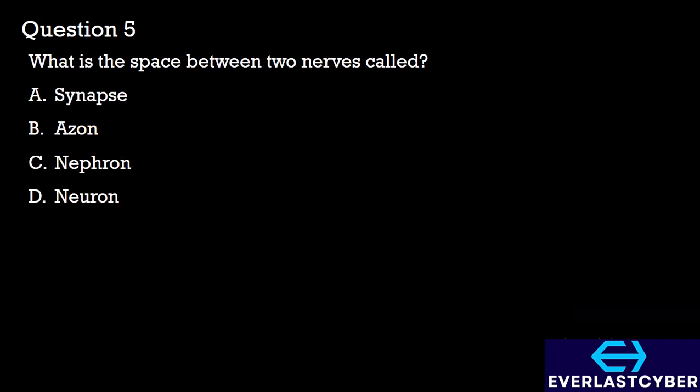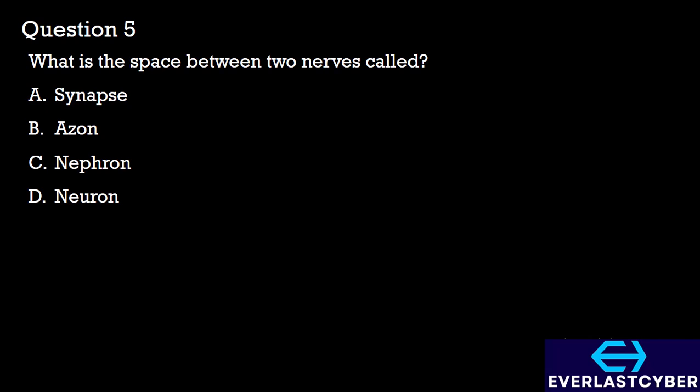Question 5. What is the space between two nerves called? A. Synapse. B. Axon. C. Nephron. D. Neuron. Synapse is a small gap or space between two neurons where communication occurs.